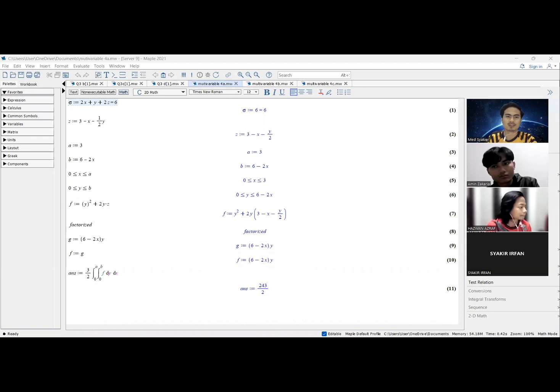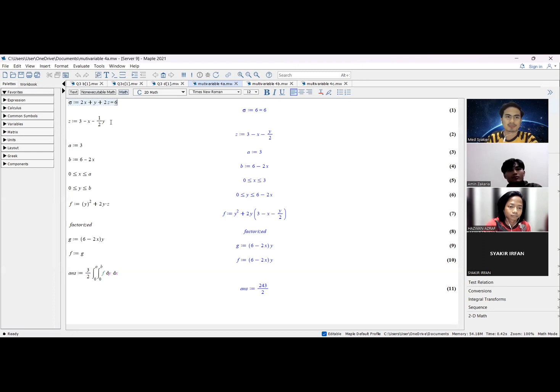So we go to the fourth question, which is question 4A. You have to find the first octant of the plane 2x plus y plus 2z equal to 6. So firstly, we put in this equation, and then we type enter, and we get 6 equal to 6.